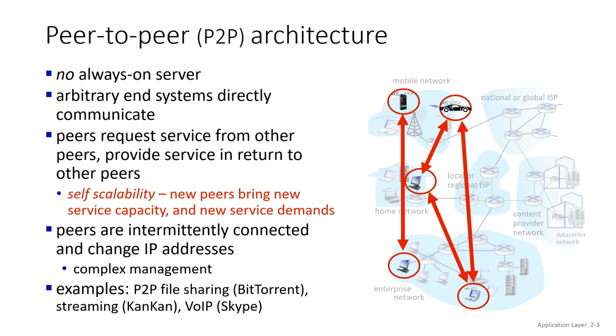As you remember, a server has a single IP address that we look up. Here, we do not know the location of all the different peers in the network.